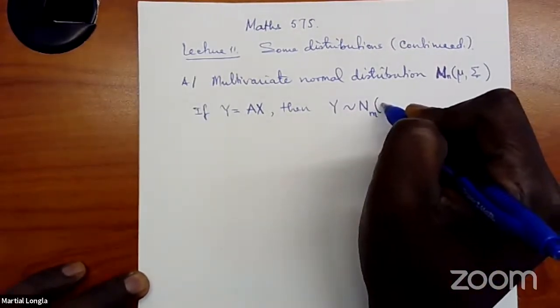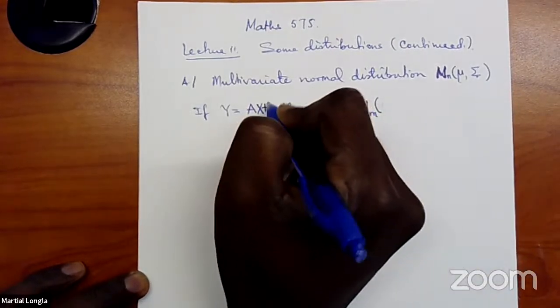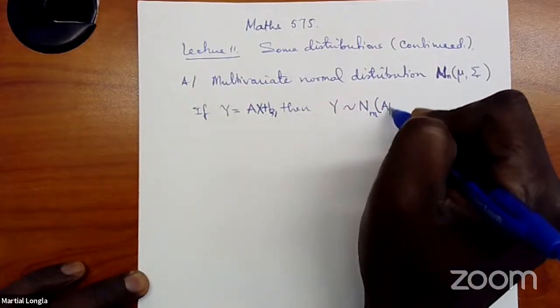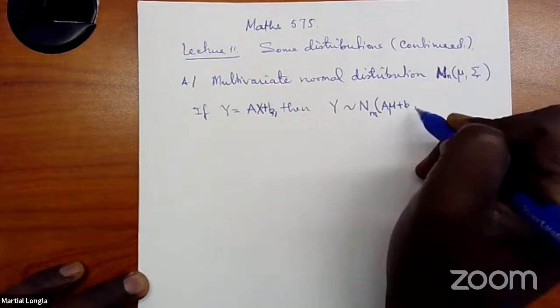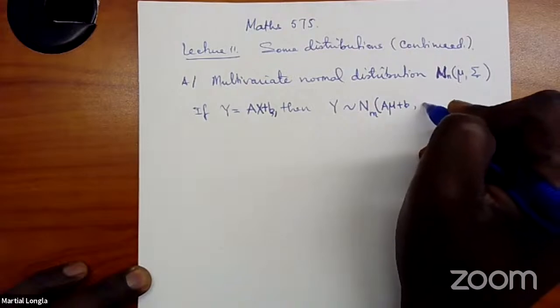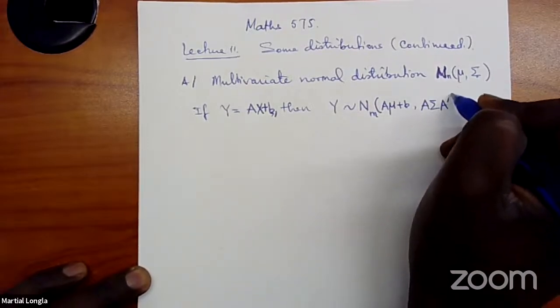The mean is going to be A times the mu of x plus the vector b. And the variance covariance matrix was A sigma A transpose.